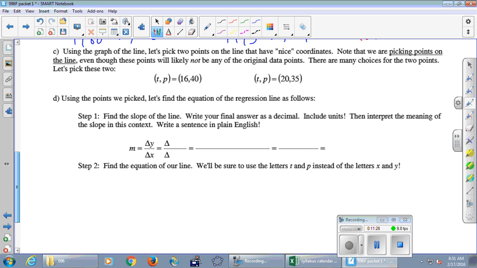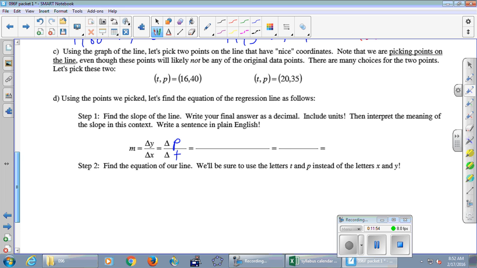So the first thing we need to calculate is the slope. I've got the beginning of the slope written out here. We know the slope is the change in y over change in x, but I want us to not use x and y here. Instead of y, what do we have? We have p. Instead of x, t, right? P is the new y, and t is the new x.